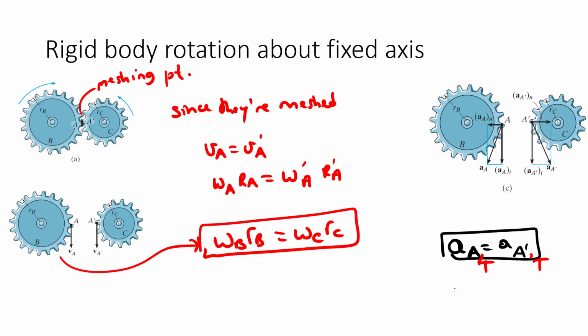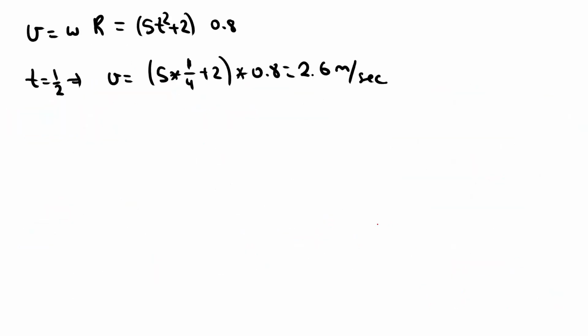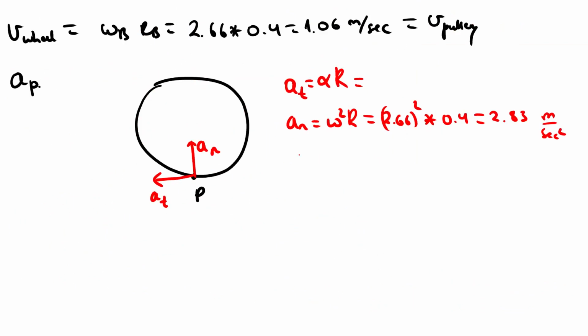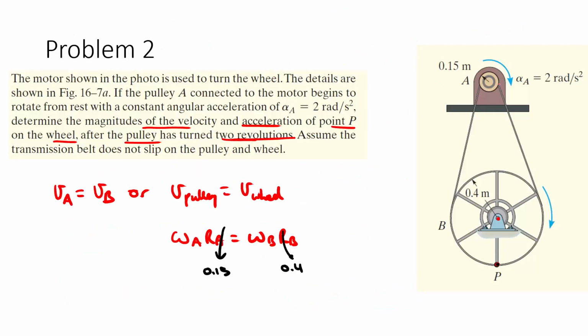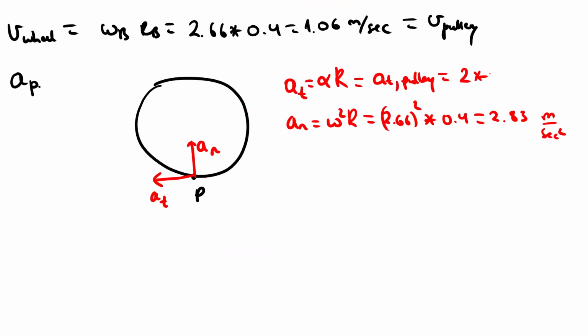So alpha A times radius A equals alpha B times radius B. The tangential accelerations are the same, so it is the same as the tangential acceleration of the pulley. For the pulley, I know the alpha, which is 2, and the radius, which is 0.15. That will be 0.3 meters per second squared.